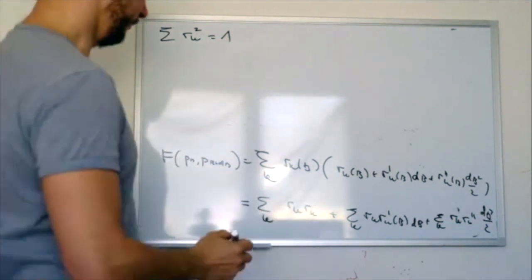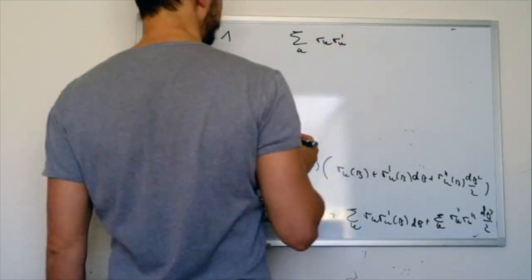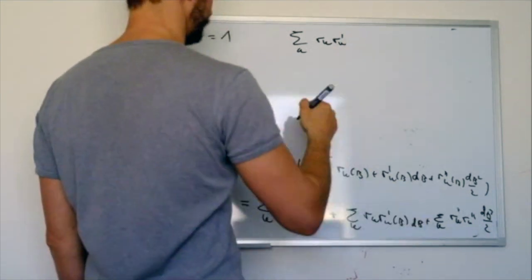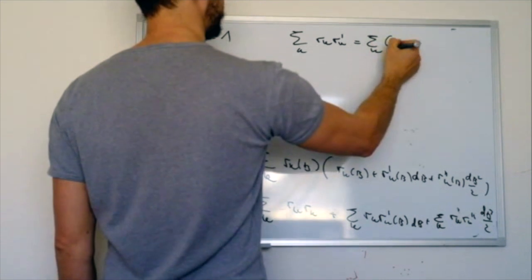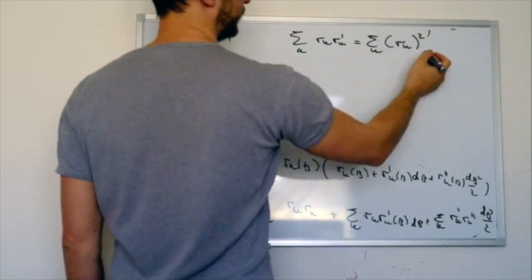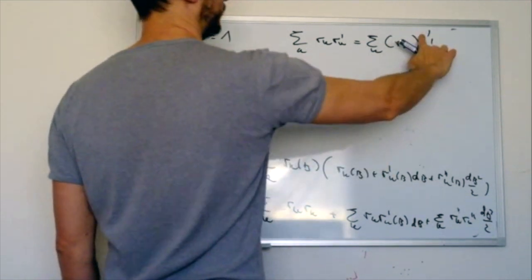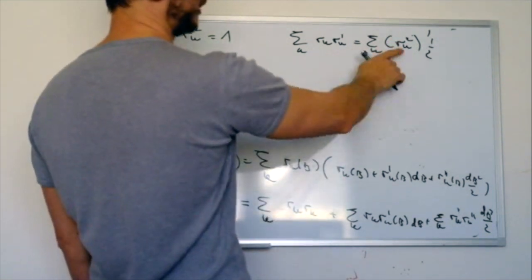Next, we look at the second term. The second term is the sum over k of rk rk prime. I dropped the dB for the moment. You see that this is given by the derivative of rk squared, times 1/2. If you differentiate rk squared, you get 2 rk prime.